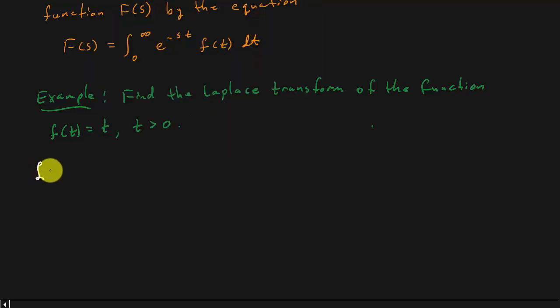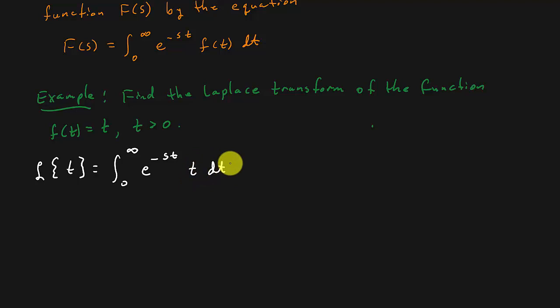All right, so the Laplace transform of t, that's our function, t, is equal to the integral 0 to infinity of e to the negative st, and that's this part, times our function f of t, which is t, times dt. All right, so we have to integrate this thing. So to do that, well, we're going to have to do what? We're going to have to use integration by parts.